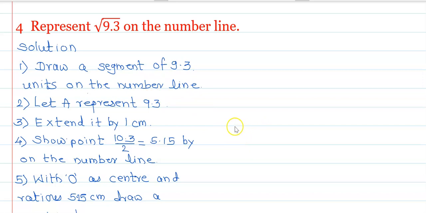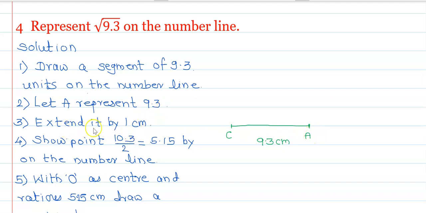Okay, I will draw the first 9.3 up to this, and this point is treated as, okay, this is the OA, and it is 9.3 centimeter, the first one, okay, and the point is here A.